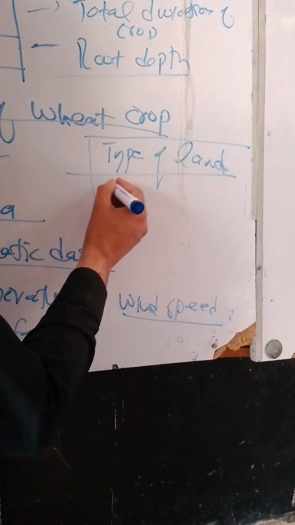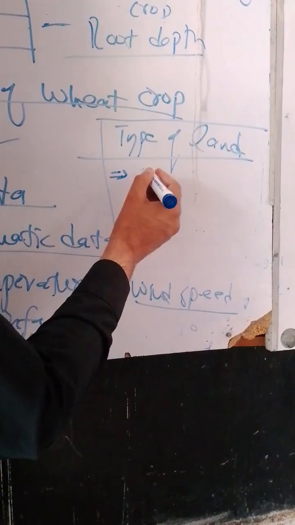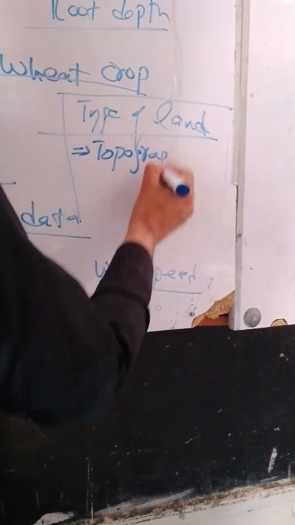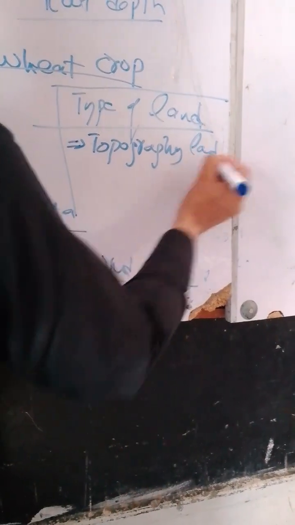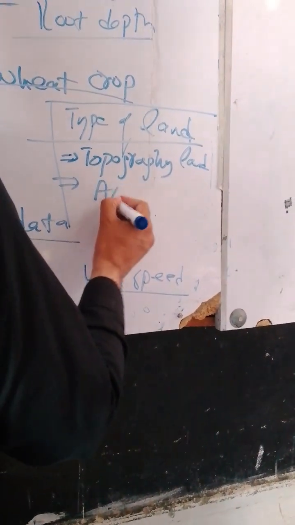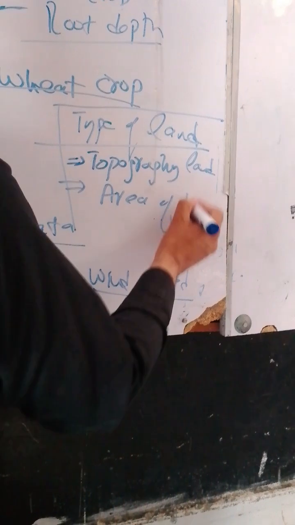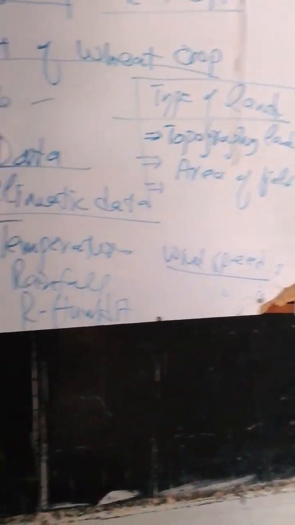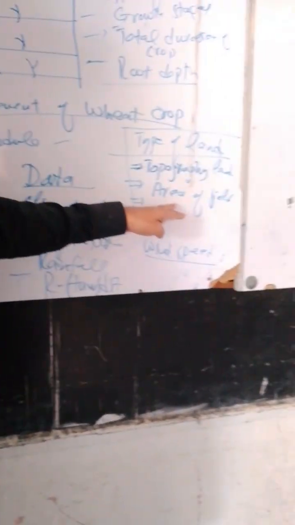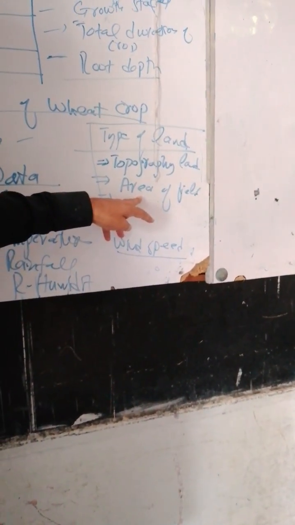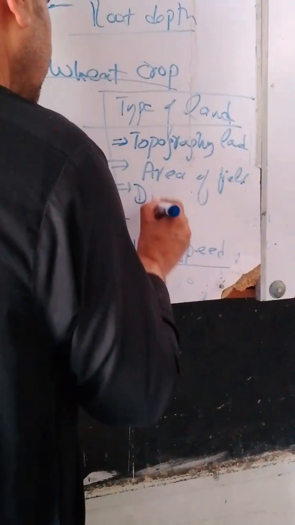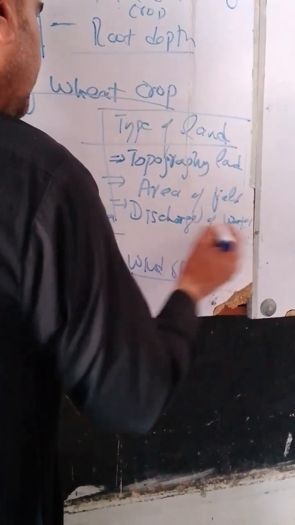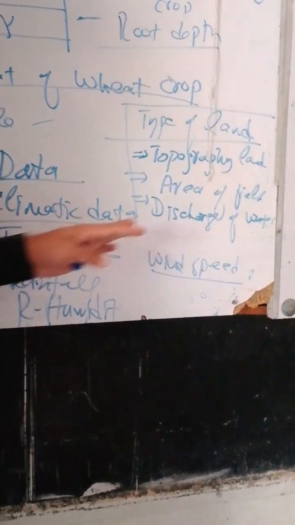In type of land we need the topography of the land, the area of the field which we want to irrigate, and the discharge of water given to the particular area.